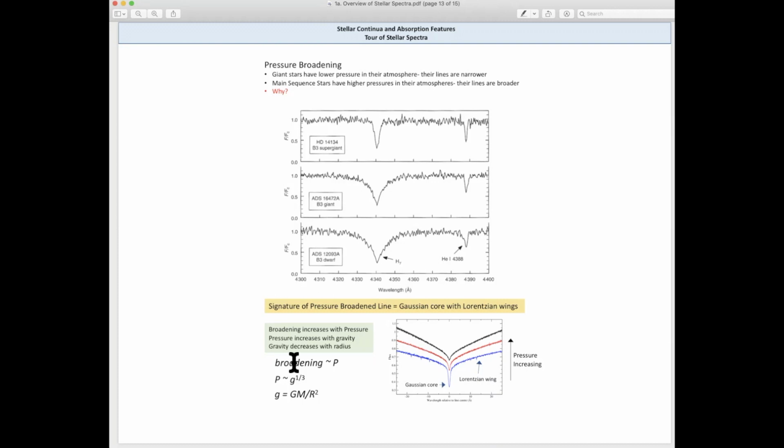But the Doppler broadening is due to the kinetic speeds and the line of sight dot product with the distribution of kinetic speeds of the particles, so that you get blue shifted absorption and red shifted absorption because particles are moving toward you and away from you.